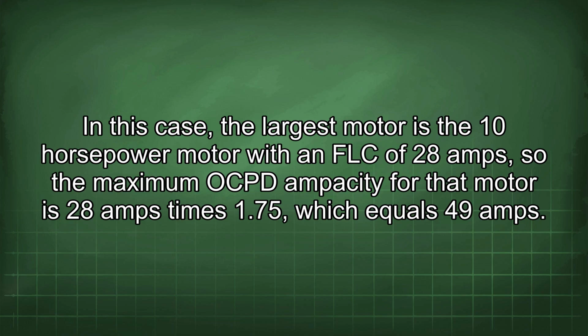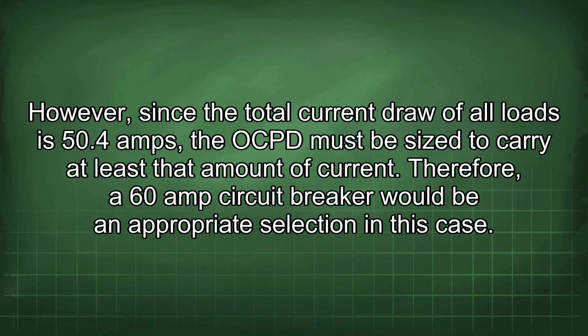In this case, the largest motor is the 10 horsepower motor with an FLC of 28 amps, so the maximum OCP capacity for that motor is 28 amps times 1.75, which equals 49 amps. However, since the total current draw of all loads is 50.4 amps, the OCP must be sized to carry at least that amount of current. Therefore, a 60 amp circuit breaker would be an appropriate selection in this case.